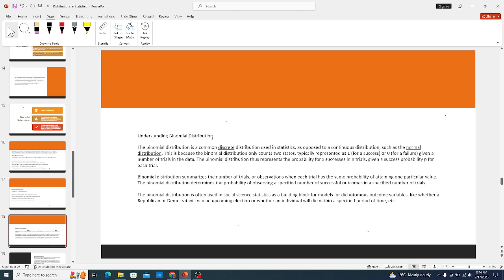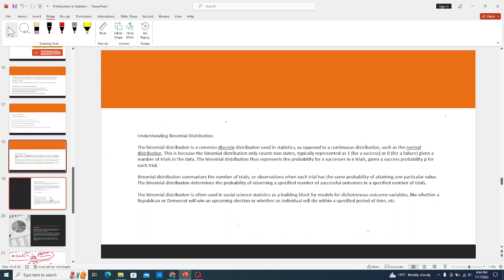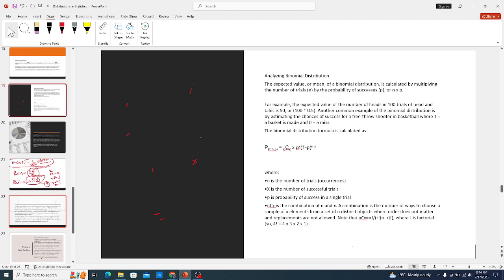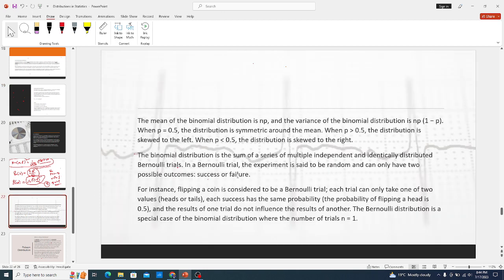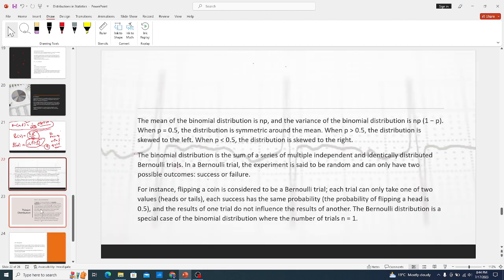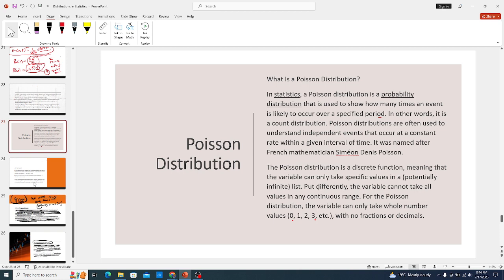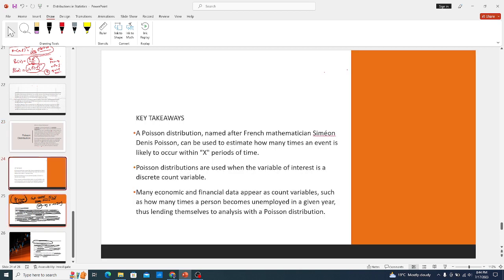Then we'll go to analyzing it. From tomorrow I want us to finish the theory part of distributions, so tomorrow we shall discuss the Poisson distribution.